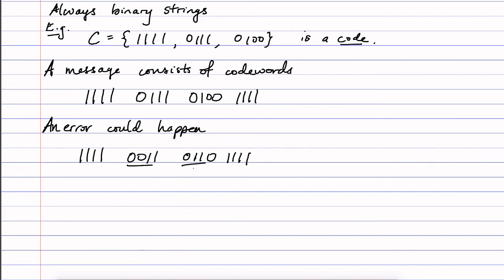For instance, you know that this is an error, you know that this is an error, but there's something really bad about the code we've chosen to use. We don't know whether or not this is an error, and we don't know whether or not this is an error. Here's what I mean by that.